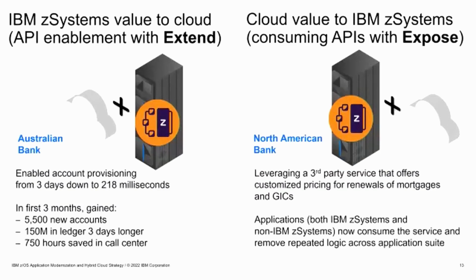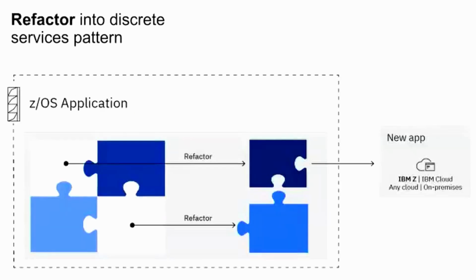Remember, extend is when you're using an outbound call from z/OS Connect, calling out to some other outbound cloud service provider, integrating that with Z, and here they enabled their account provisioning application. Expose, about exposing existing assets, such as CICS programs. North American Bank, they leveraged a third-party service to do this. Also got great value from z/OS Connect.